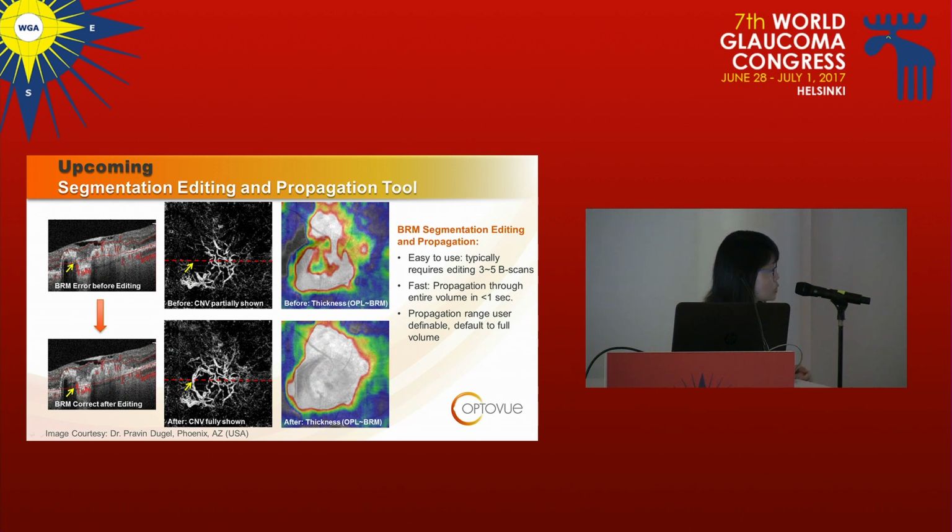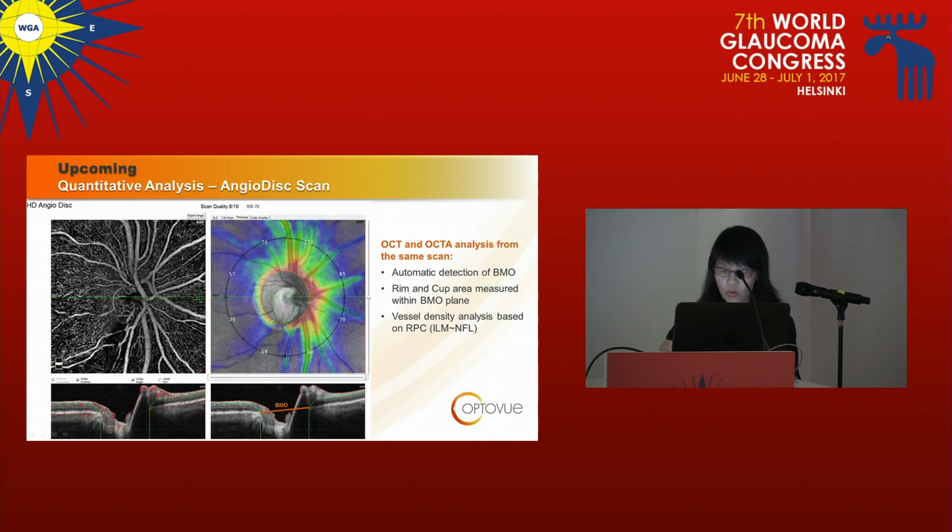The bottom row shows an example after correction, the OCTA en face images showing the complete CNV net, and on the right the corresponding updated thickness from OPL to Bruch's membrane. So we believe this will be useful to researchers to produce more accurate results.